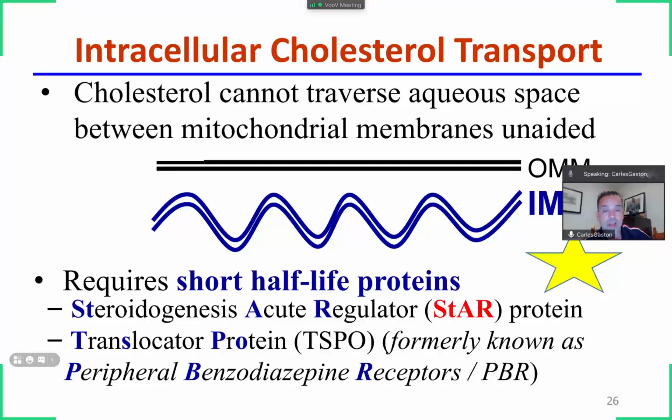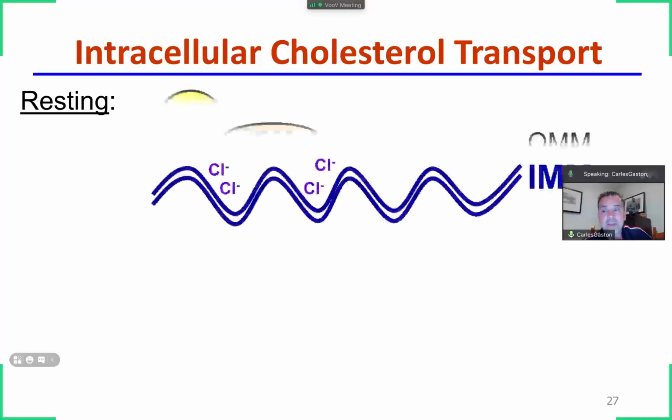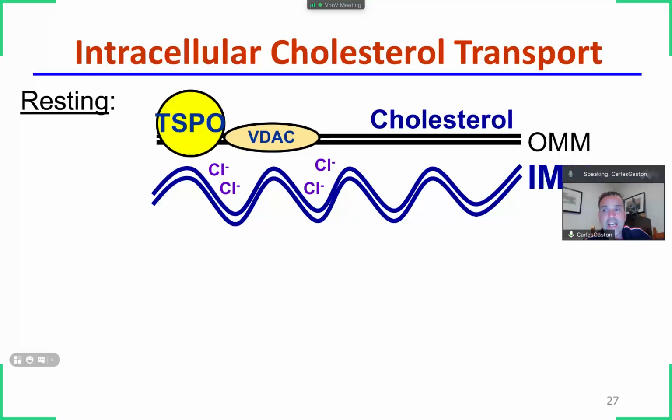Okay? Also TSPO, formerly known as peripheral benzodiazepine receptor. And how does it work? In the resting state, TSPO binds and colocalizes with the VDAC protein.